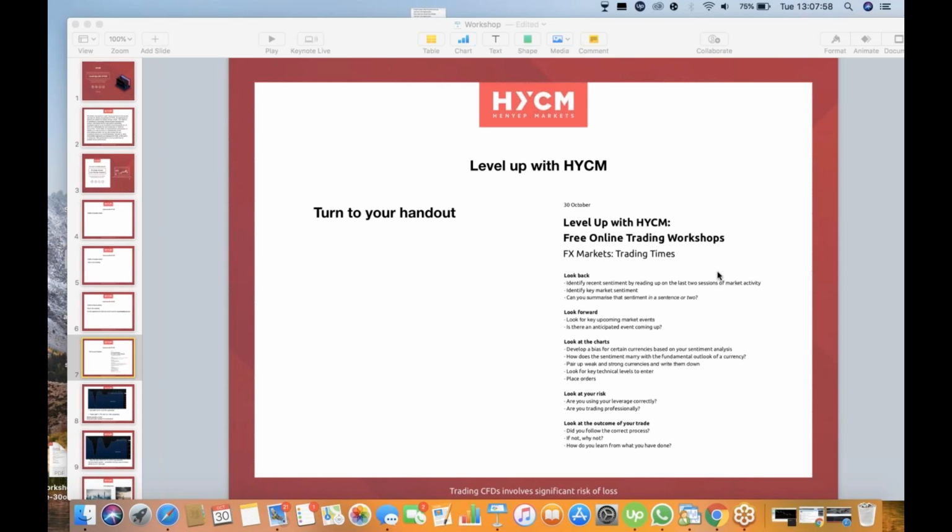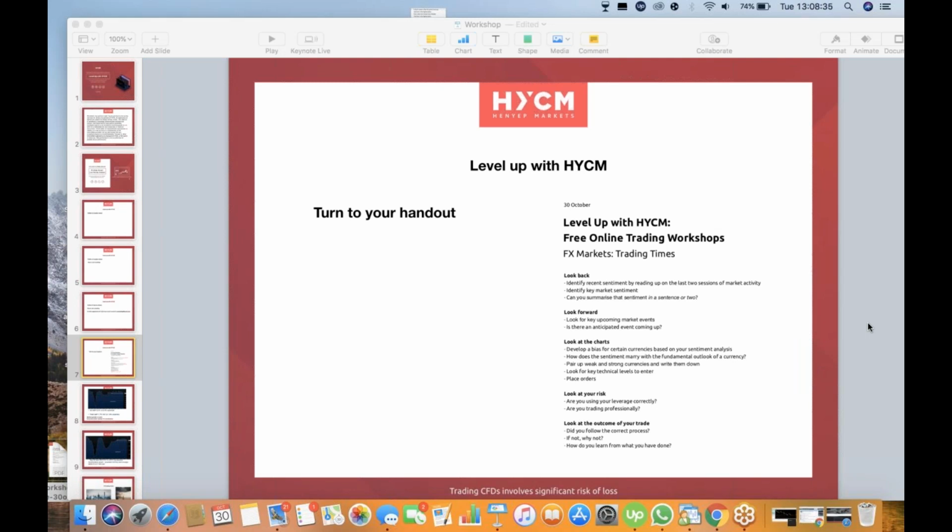There should be a section saying handouts, and you're going to need to open that. That is going to be a structure that's simple, but yet in-depth enough to be useful, and a structure that you can follow on a daily basis. So can you let me know if you found the handout? I'm going to put it in again, just in case it didn't appear the first time.